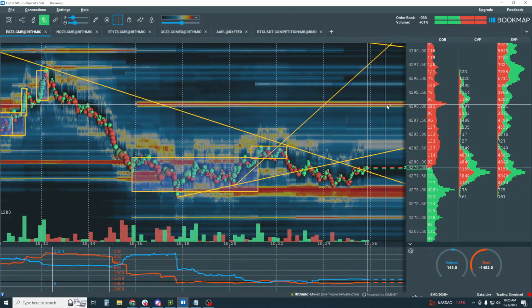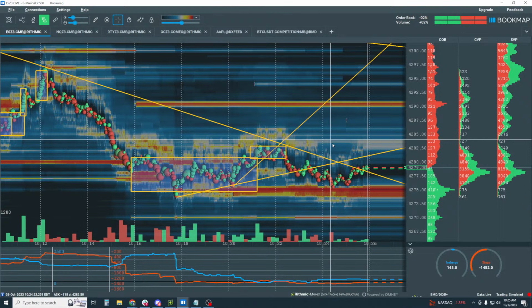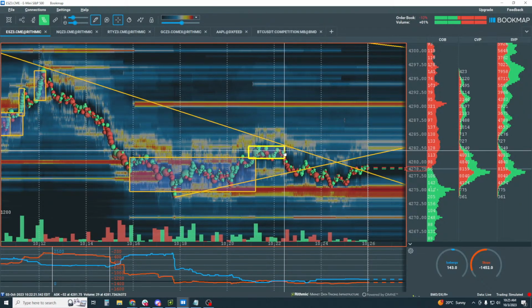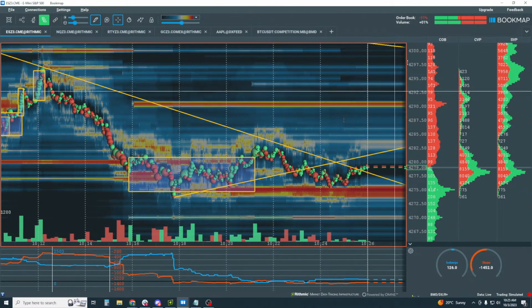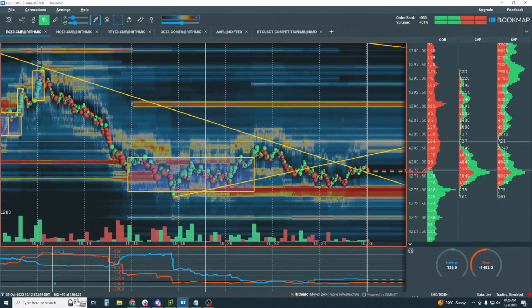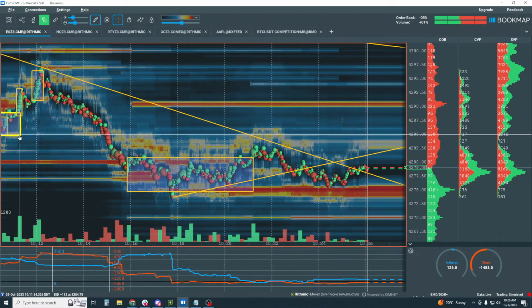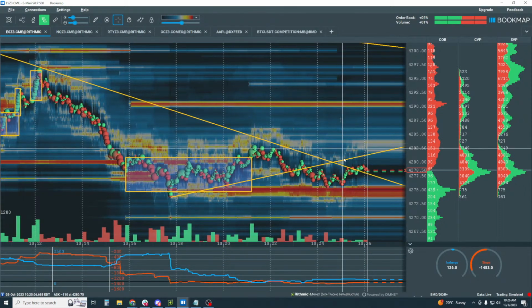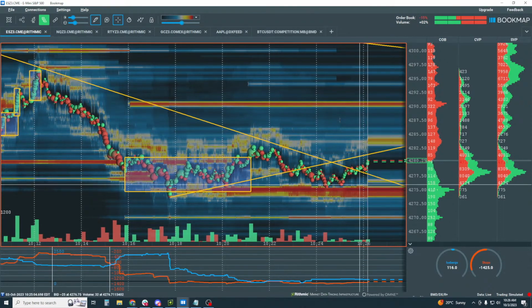So kind of a complex scenario here, but let me redefine it. That trend line in. Okay, so as a line in here.